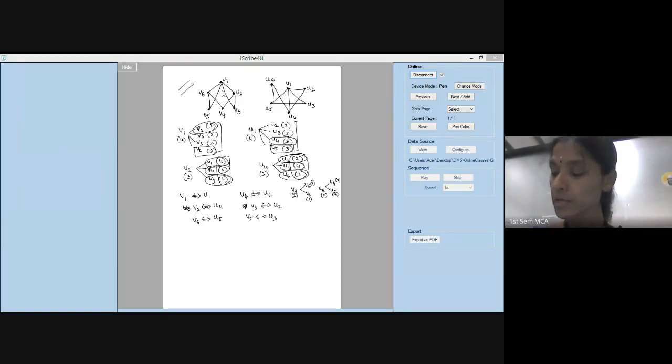And V6 can be made equivalent to U5 or U4, you can take any of them. So I took it as U5 and V2 is equivalent to U4. Alright, so this is our vertex preserving property. Every vertex of G1 should be made equivalent to a vertex of G2.